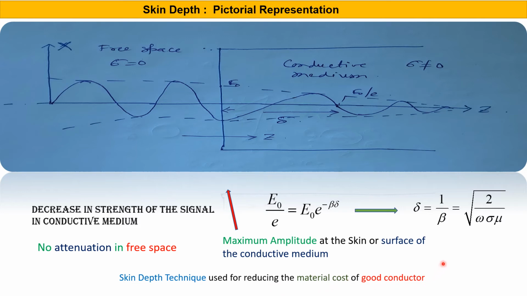So there is vast application of the skin depth technique. You need to know this theory for application purposes. You can find it to be a very rich phenomenon in physics, and also in geophysics, which I am going to show you.